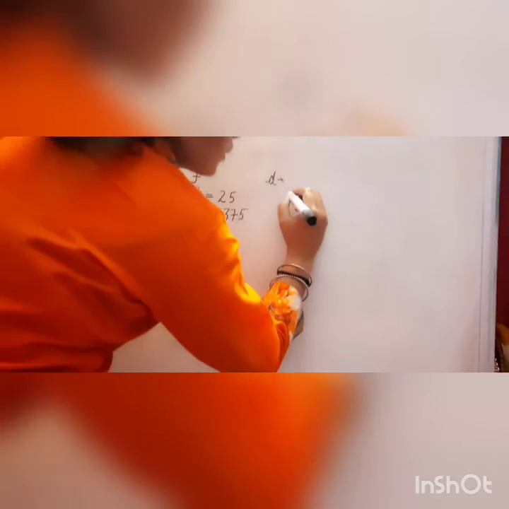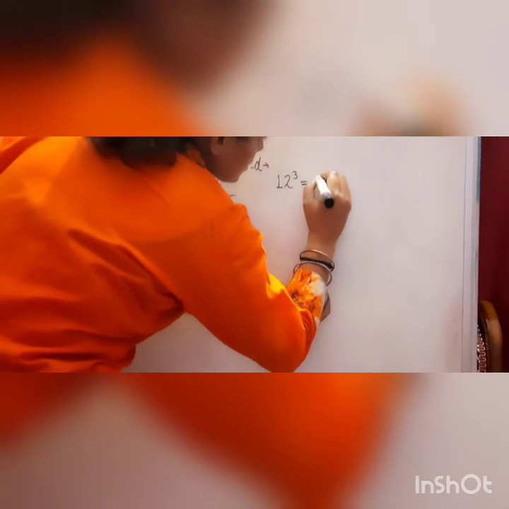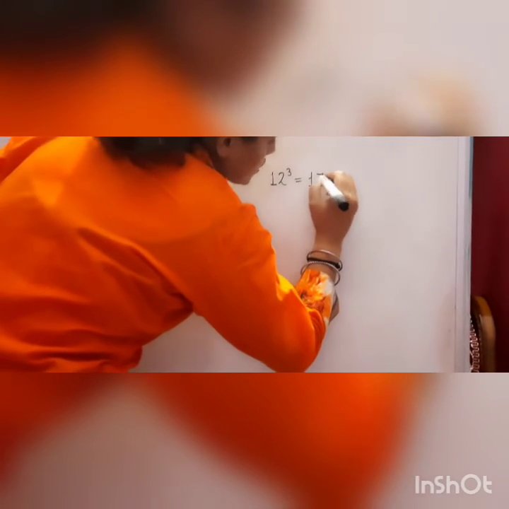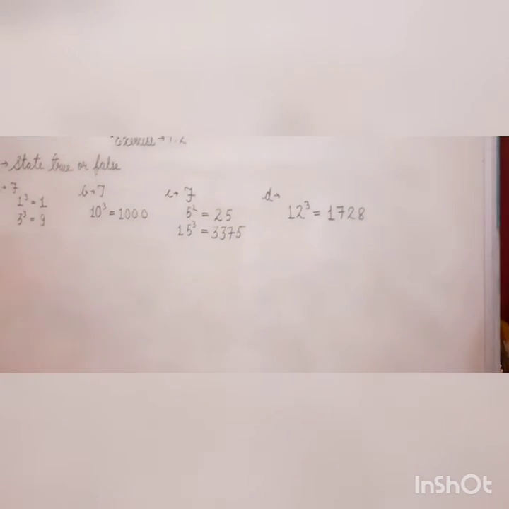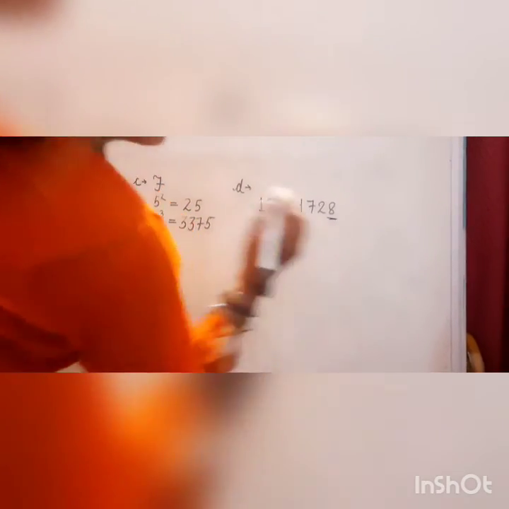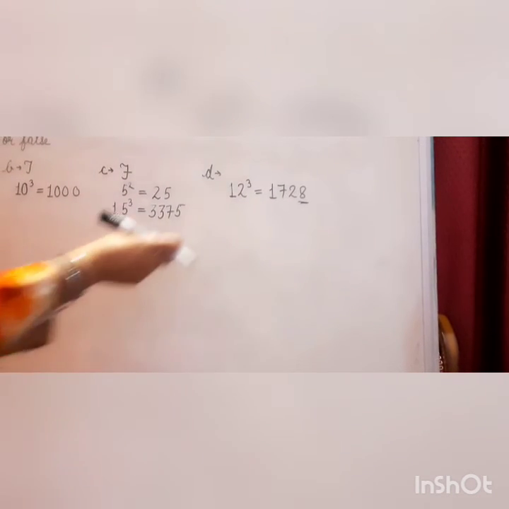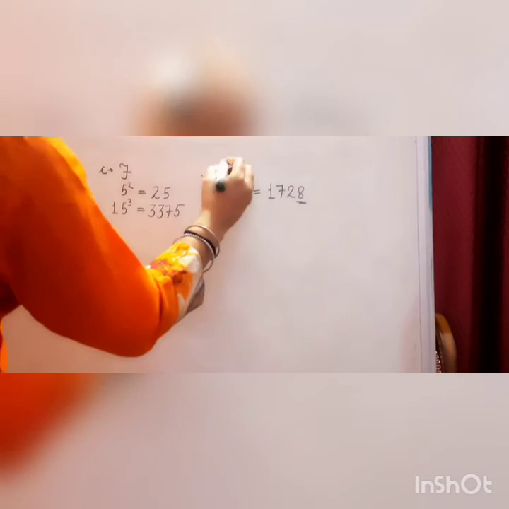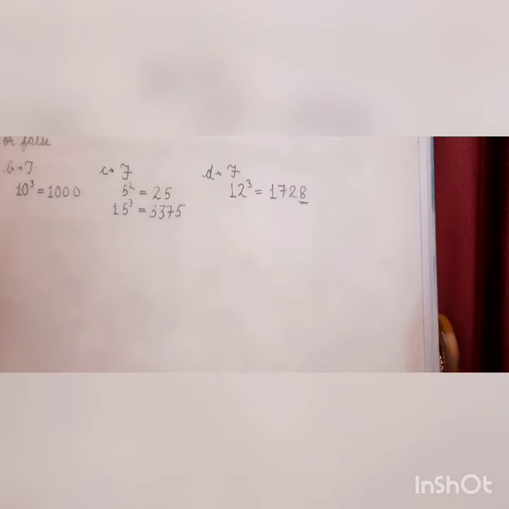Because when you multiply 12 by itself 3 times, it will come 1728. Okay class, you can see that in the end there is an 8. The question says there is no perfect cube which ends with 8, but this is a perfect cube which ends with 8. That's why this statement is also false. Now E, fifth part.